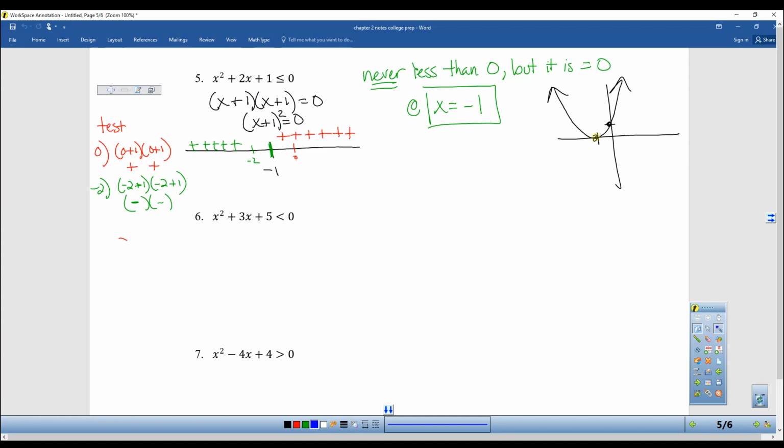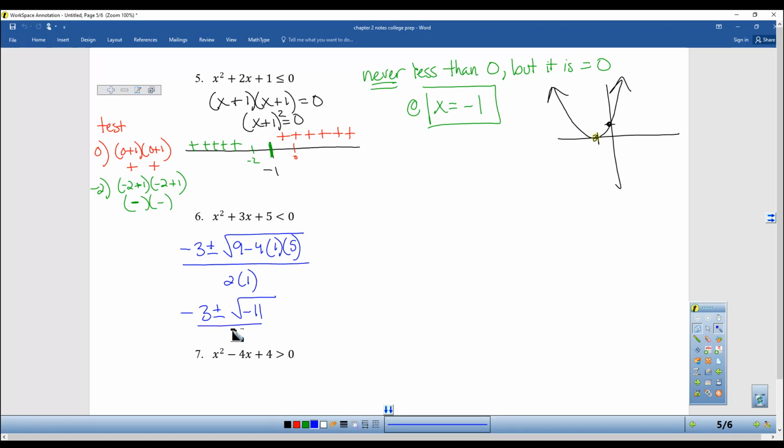Again, more fun. You can't really have any more fun than this, right? So fun. Quadratic formula: -b plus or minus the square root of b squared minus 4ac all over 2a. So -3 plus or minus the square root of 9 minus 20 is a negative number again.